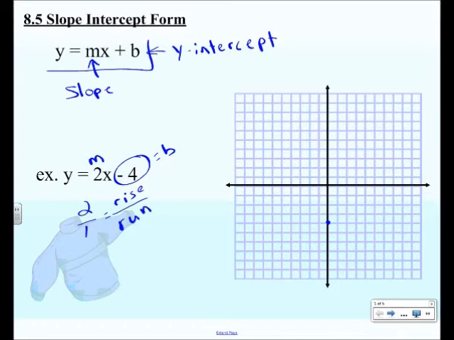So if I start at this point, we're going to go up 2 and over 1, up 2 over 1, up 2 over 1, and now we can draw a line that looks like that. So we've used our y-intercept to find a point to start with, and then our slope to build some more points and draw a line.